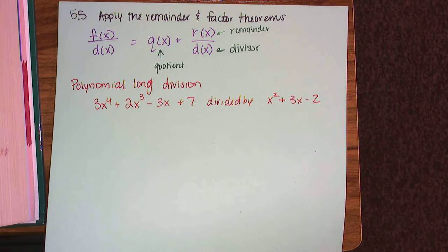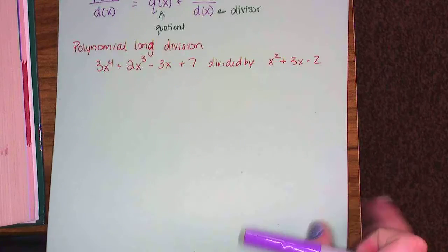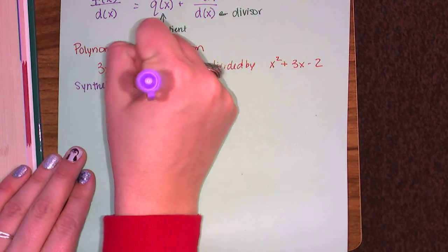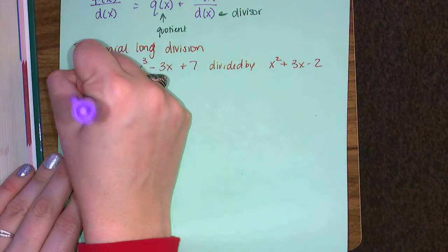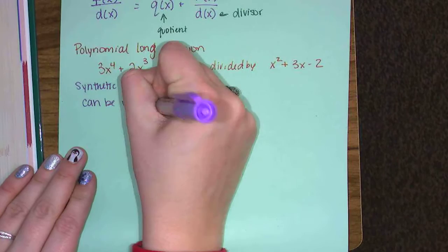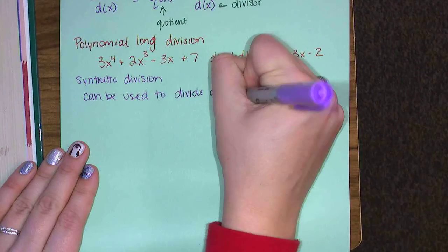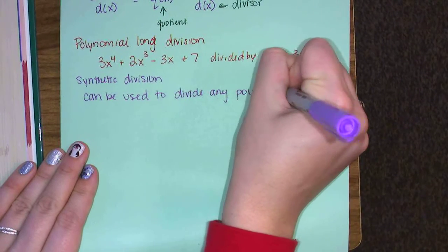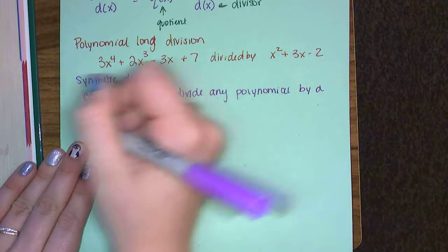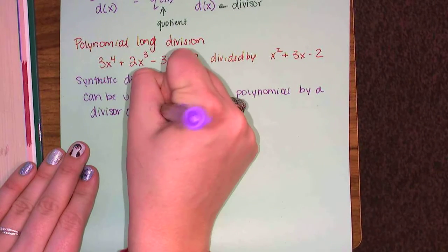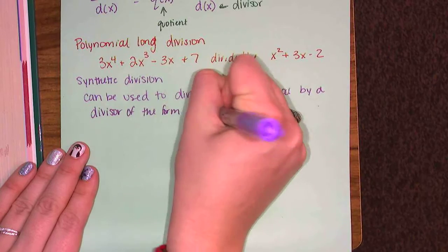We also have synthetic division, which can be used to divide any polynomial by a divisor of the form x minus k.